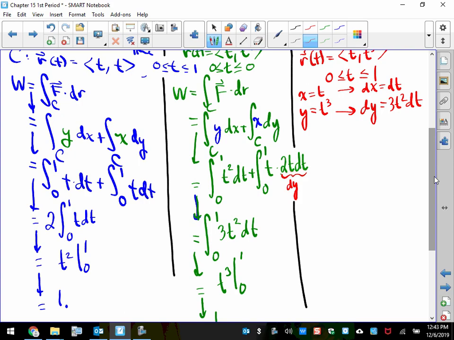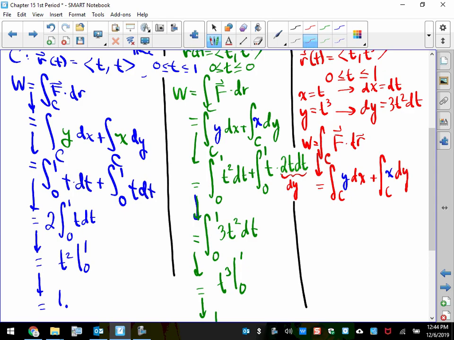So now, when we set up our integral, the work accomplished, F dot dr, is going to be equal to the integral over c of y dx plus the integral over the curve c of x dy.